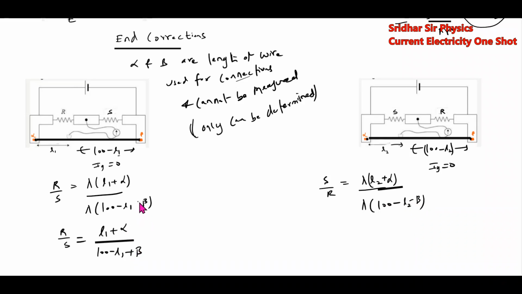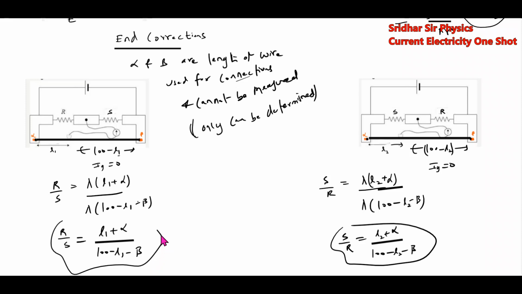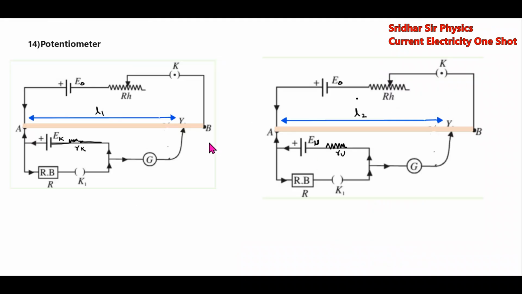Here minus beta I was missing. Dividing this, S by R is equal to. Okay, solving for alpha and beta: two equations, two unknowns, solve for that. So like this we can determine the end corrections.